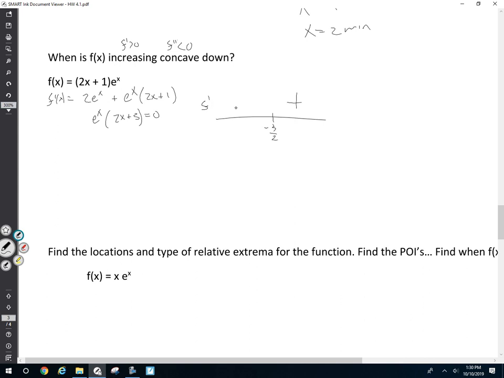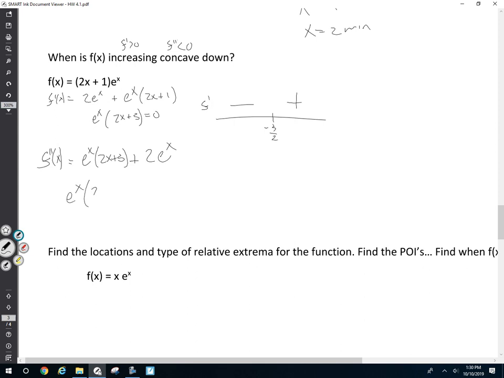Positives, negatives. Sweet. Second derivative. Which derivative of the first derivative do you want to take? This one or this one? I probably want to take this one. It's a little bit nicer to look at, easier to work with. Derivative of the first times the second plus the derivative of the second times the first. Again, factor out the e to the x.